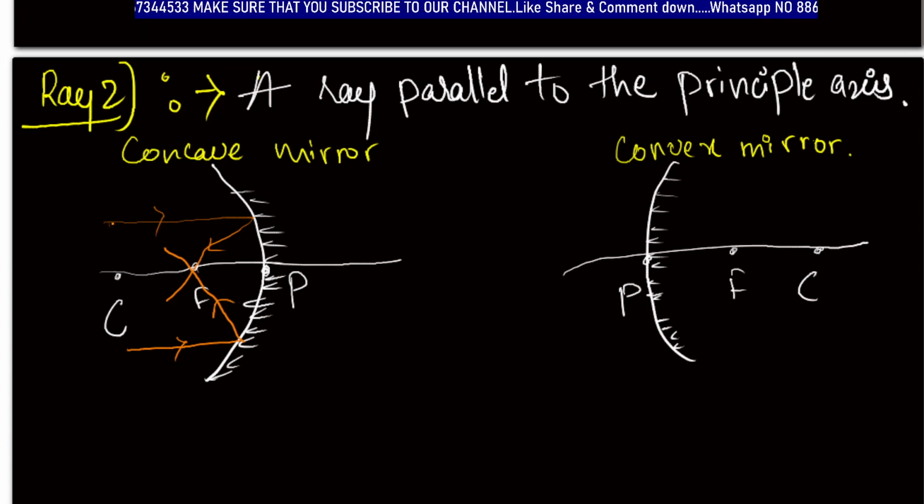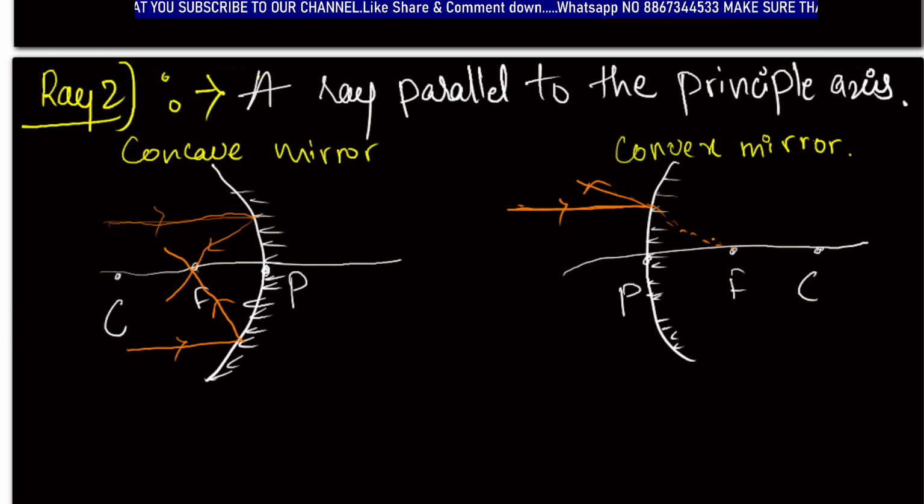Point to be remembered, whenever a ray is parallel to the principal axis, it passes through the focus. In case of convex mirror, whenever a ray parallel to the principal axis strikes the surface, it appears to be passing from the focus.